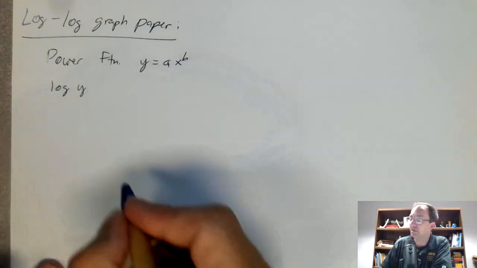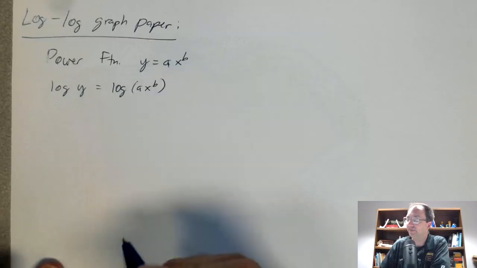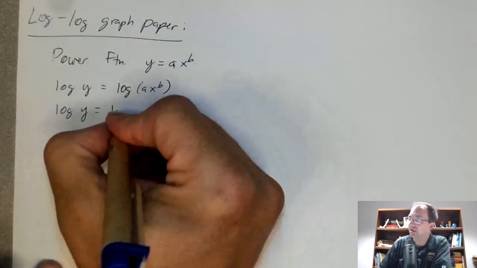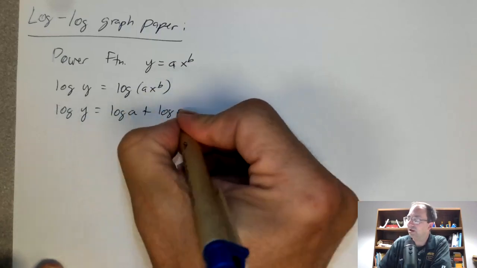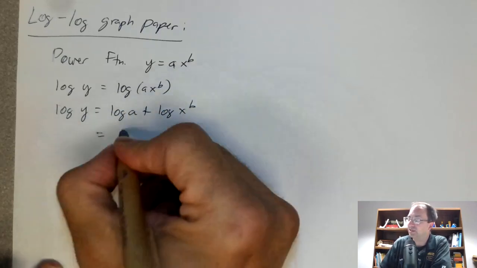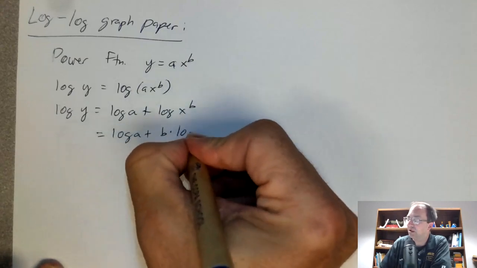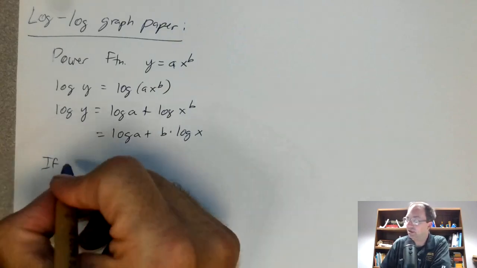So the common log of y equals the common log of ax to the b. And so we get log of y equals the log of a plus the log of x to the b, or what's the same thing, the log of a plus b times the log of x.